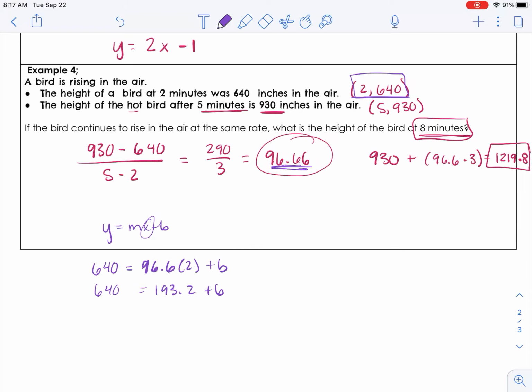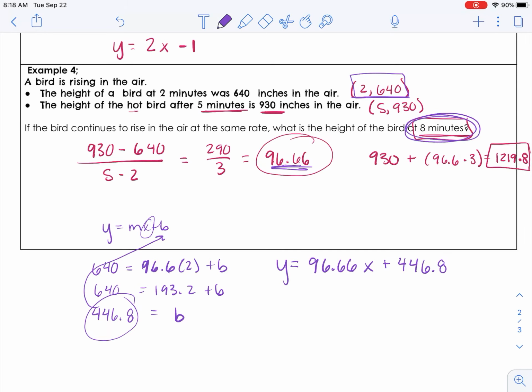Then if we subtract that from 640, I get b equals 446.8. And then I can plug that in for b. Okay, so then I've got my equation. I've got y equals my slope times x plus my y-intercept. Oops, my bad.